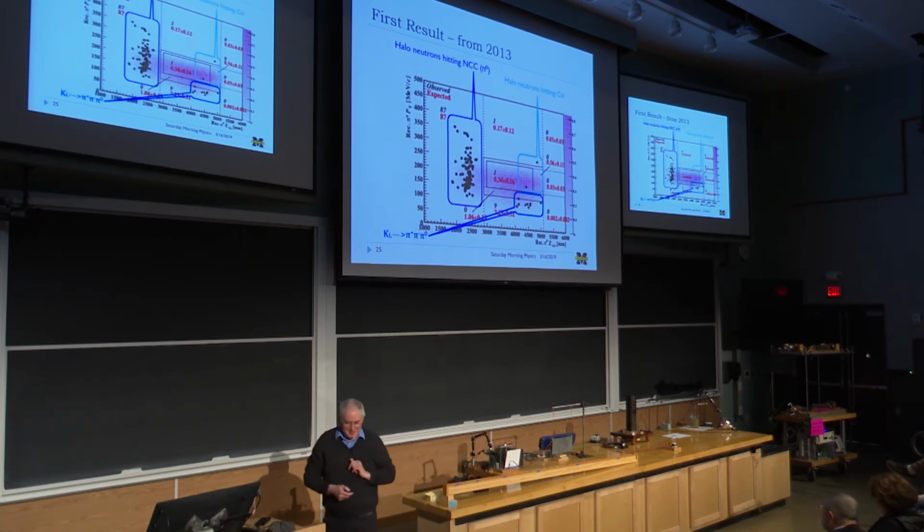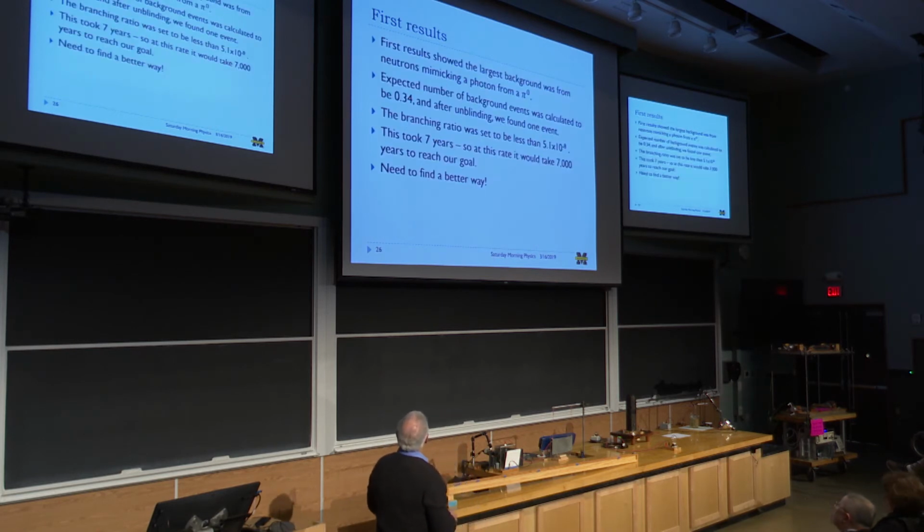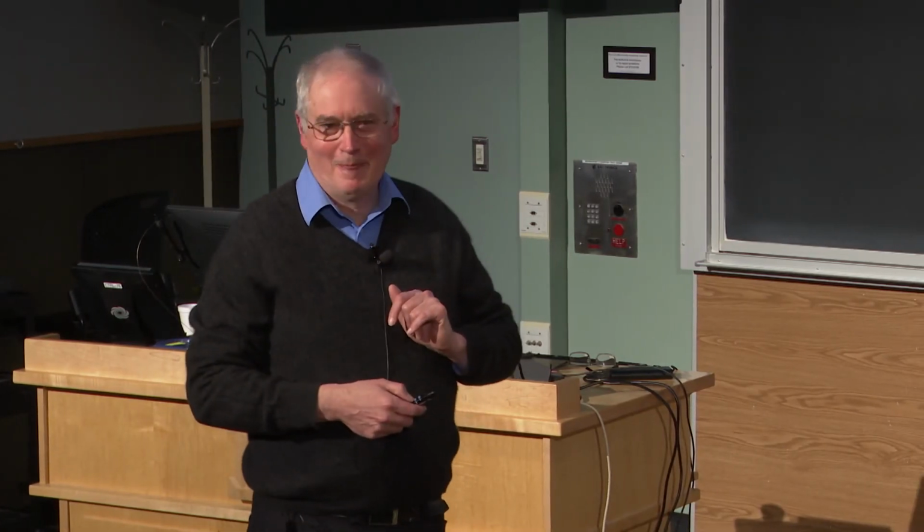And remember, this is a job for optimists. When we saw that one, and we were setting a limit at 10 to the minus 8, we were still a factor of 1,000 away. And so that was a moment of profound disappointment.